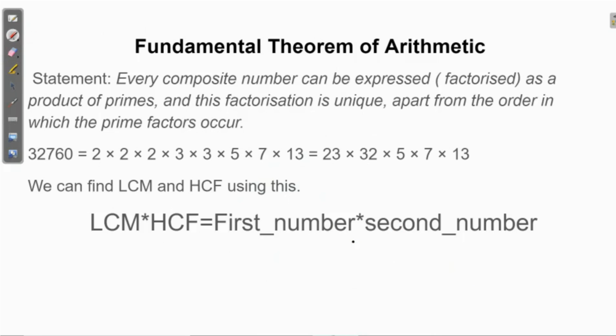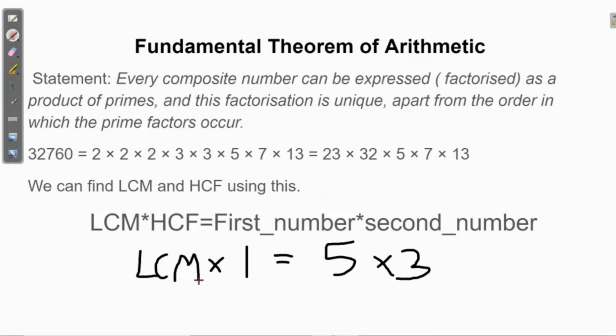So what I'll do? First number is 5. Second number is 3. And then HCF is 1 into LCM, which is not given. So LCM into 1 is LCM itself. Any number into 1 is the number itself. Hope you people know this. You're in class 10.